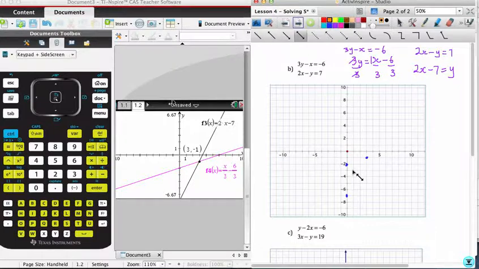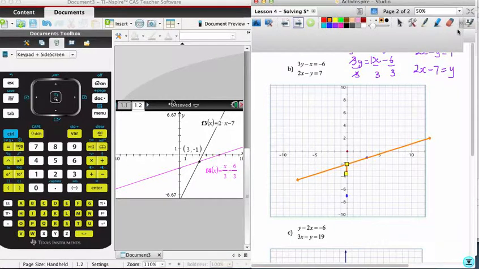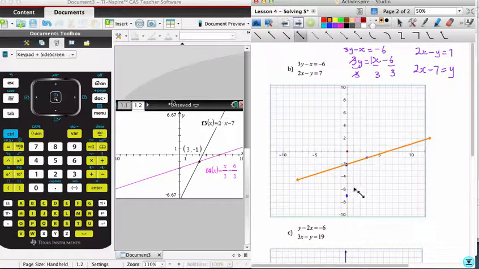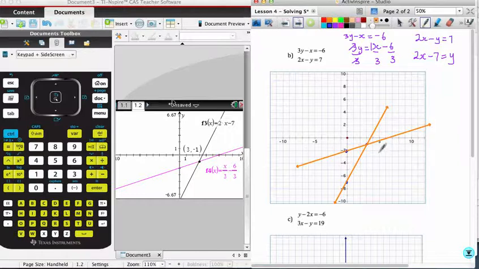And so I have my first line passing through those 2 points over there, my second line, oops, sorry, let's undo that, and we've got the second line passing through those 2 points, and of course, last but not least, I now need to write in the coordinates of the point of intersection, which is of course the solution to the system.